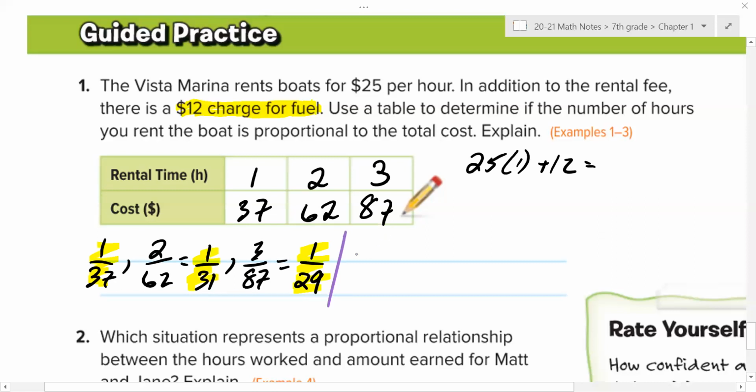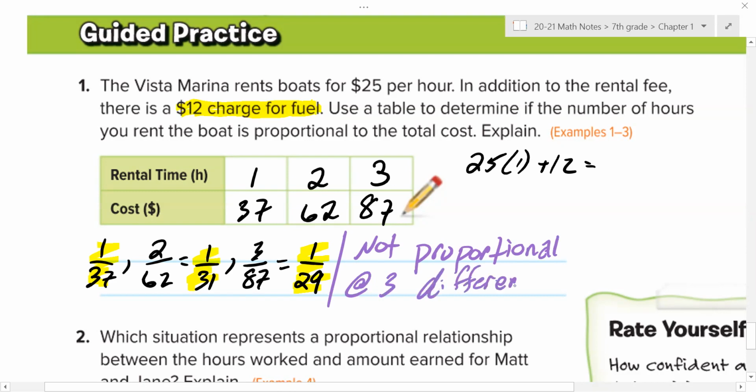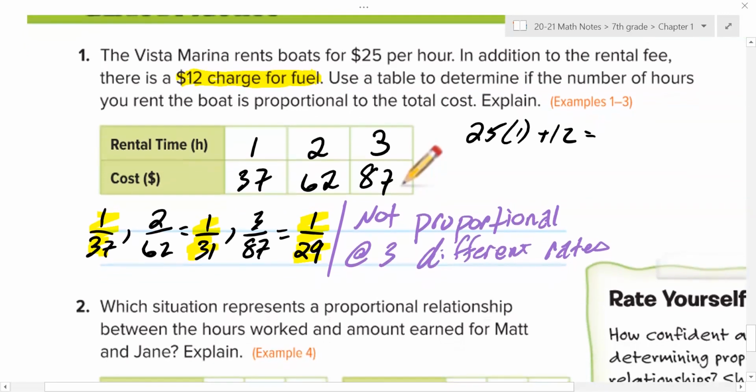You should have not proportional, at 3 different rates. So it's not proportional because we found that the rates were not the same. But once again, it's because of that $12 fuel charge. If there wasn't a $12 fuel charge, it would be all the same.